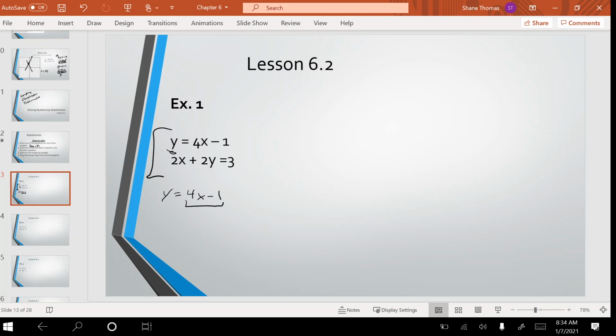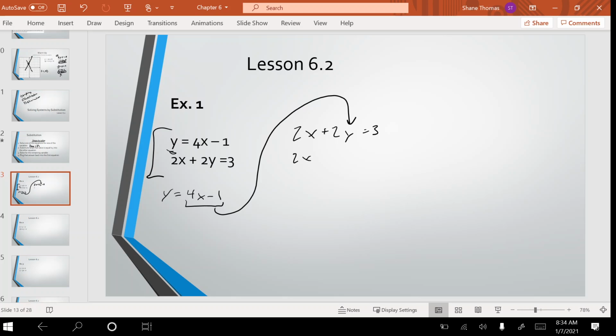All right, so I'm going to come over to the side now. I'm going to take the equation I didn't touch yet, this 2x plus 2y equals 3. Now, I know that y is equal to 4x minus 1. We just found that out. That's in my box. So I'm going to take my box, draw that arrow, and plug it in for y. I'm just going to replace y with what y is equal to.